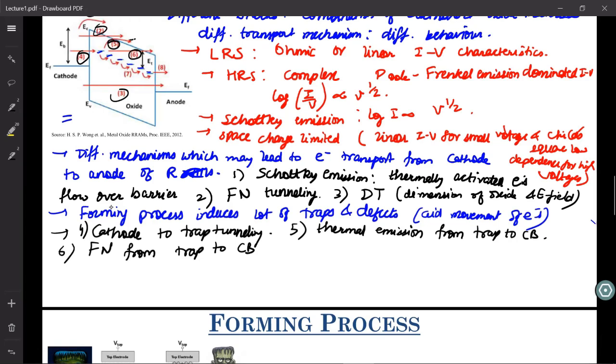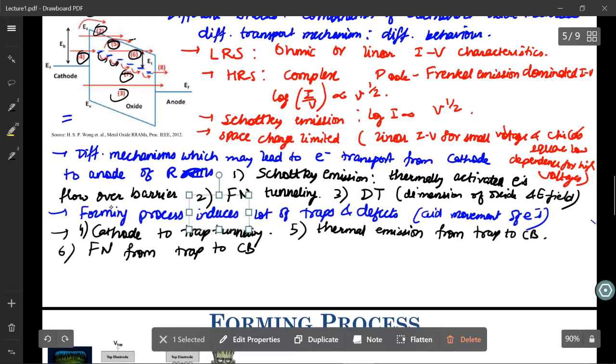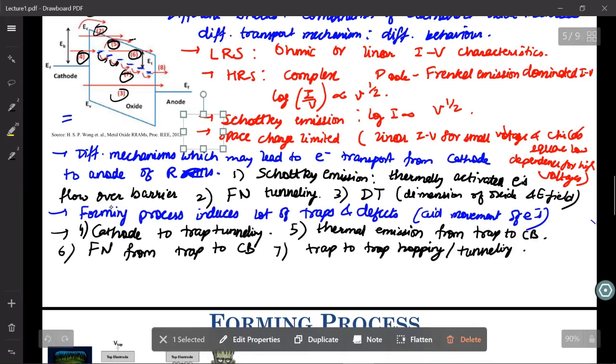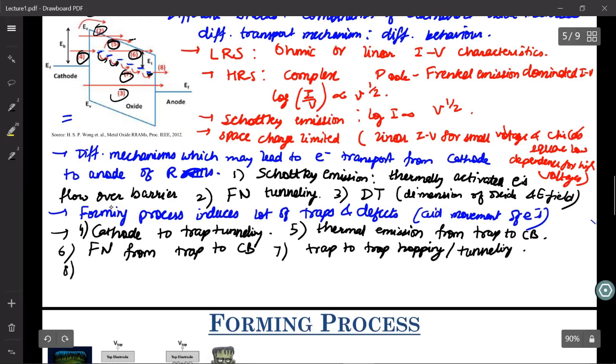There can be another mechanism where these electrons hop over different traps, as shown in 7. Seven is trap to trap hopping, and if these traps are aligned appropriately, there can also be trap to trap tunneling. So trap to trap hopping or trap to trap tunneling is also possible. And once this electron comes close to the anode, there can also be trap to anode tunneling.